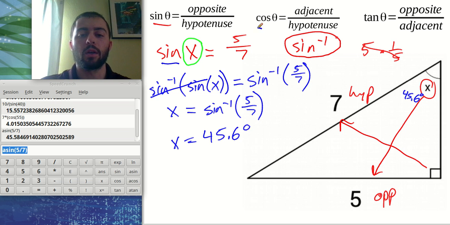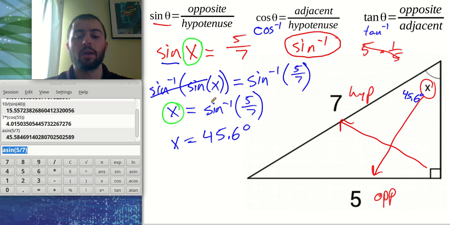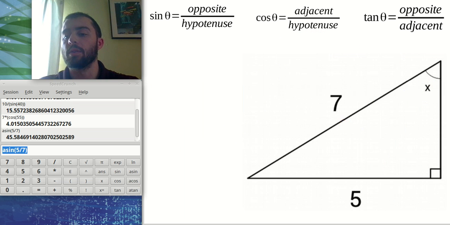There's an equivalent cosine inverse function and a tan inverse function as well. So we're going to use whatever inverse function of the appropriate trig function that we're using. That'll give us the angle isolated by getting rid of the sine value, and then we take the inverse of the ratio that we established there. All right, so our final answer here, 45.6 degrees.